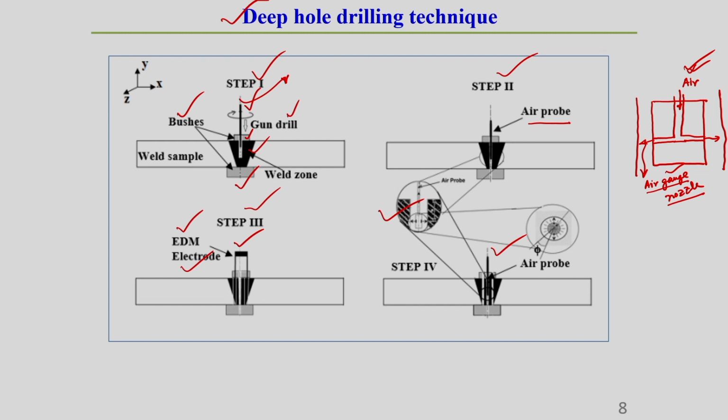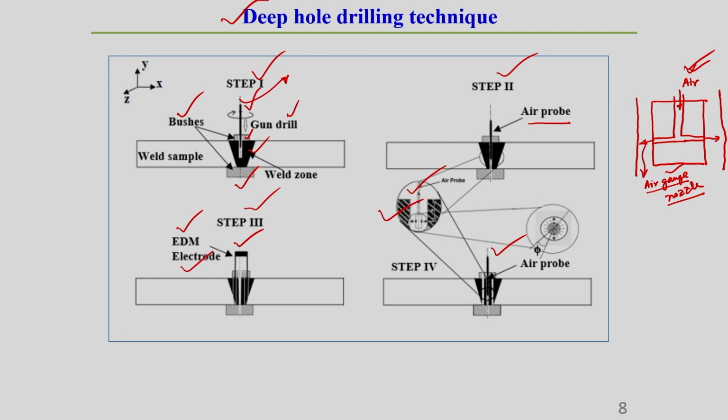After removing this trepanned portion, we again measure the diameter using the air probe. So, before the trepanning operation we measure the diameter, and after the trepanning operation we also measure the diameter.